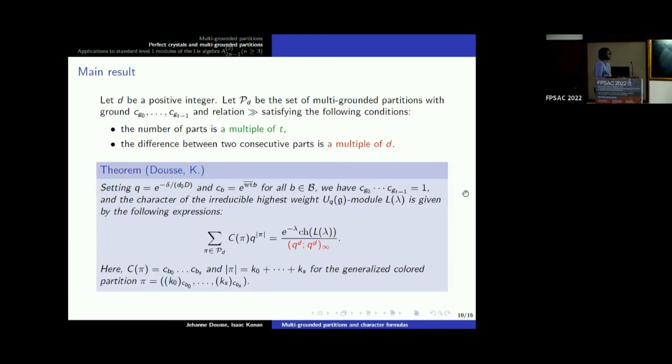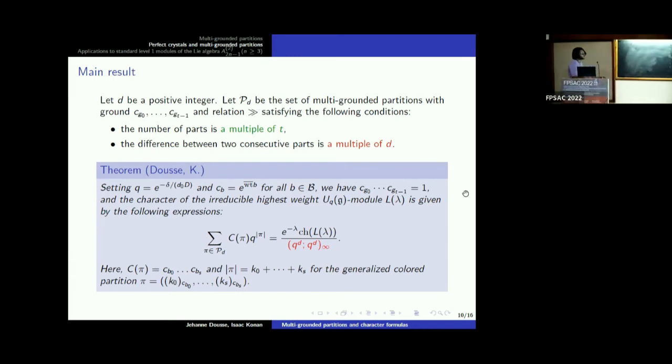And this CP, how many do you have? 5. Okay, I think it's quite plenty. So the CP is for the product of the colors that appear in the partition, and this symbol represents what we call the size of the partitions, which is the sum of the integers that compose the partition.